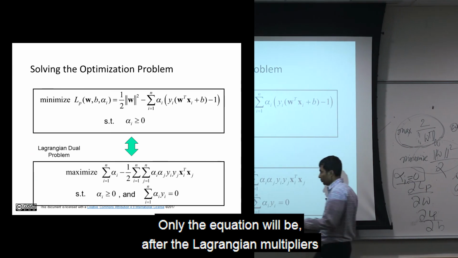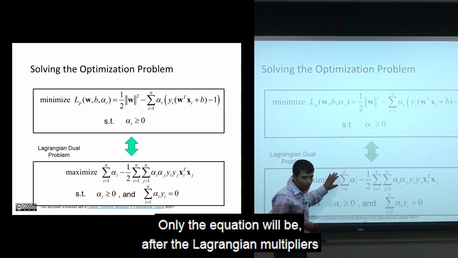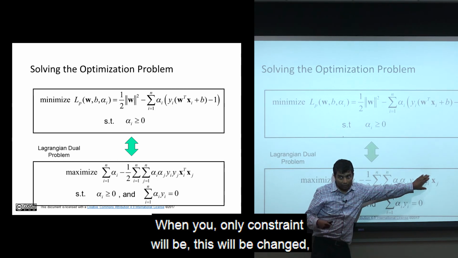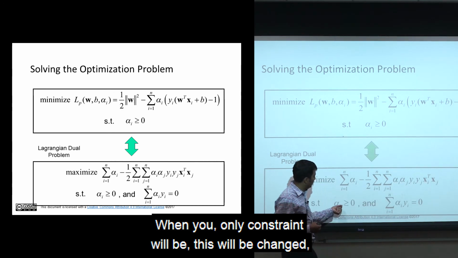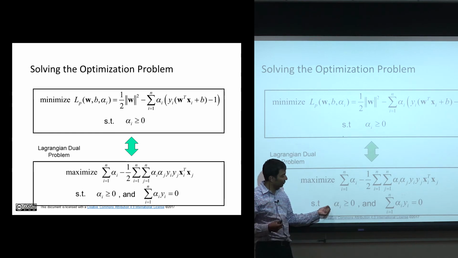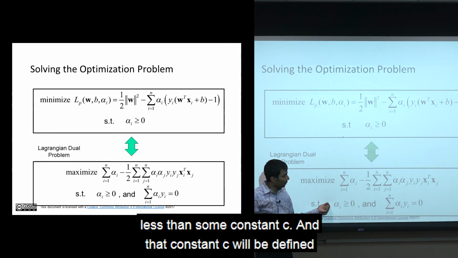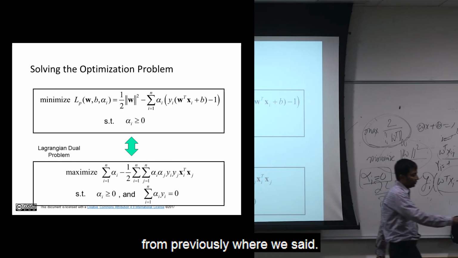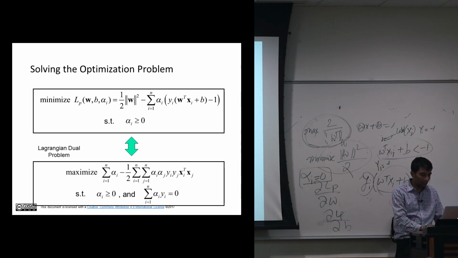The equation will be exactly like this, and only the constraint will change: alpha i will be greater than or equal to 0, but less than some constant C.